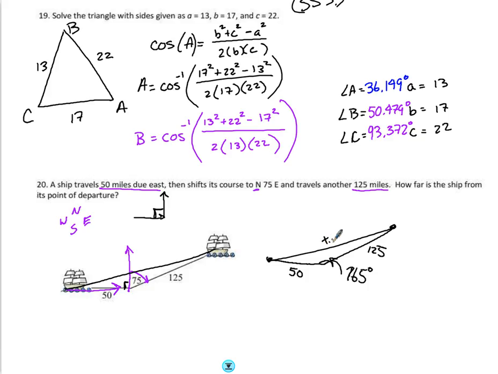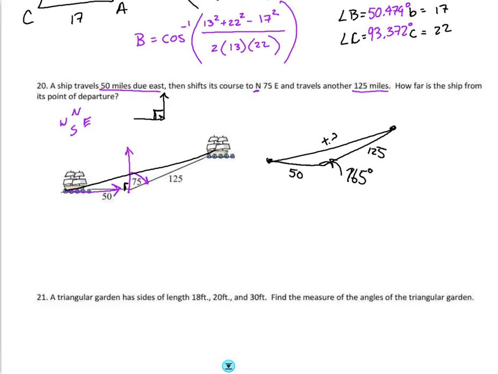Law of cosines says that x squared is going to be equal to 50 squared plus 125 squared minus 2 times 50 times 125 times the cosine of 165 degrees.